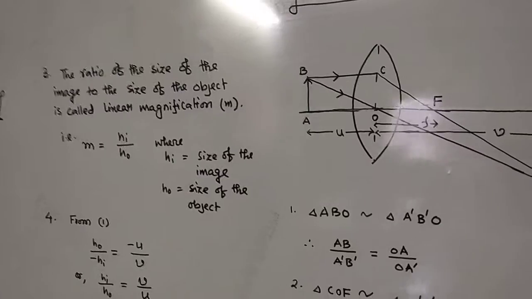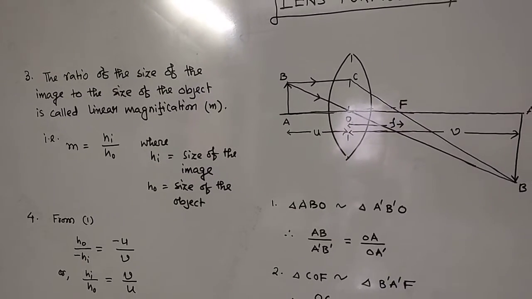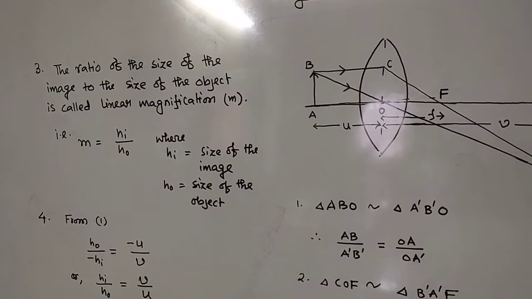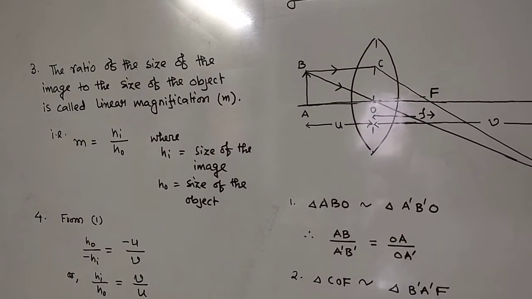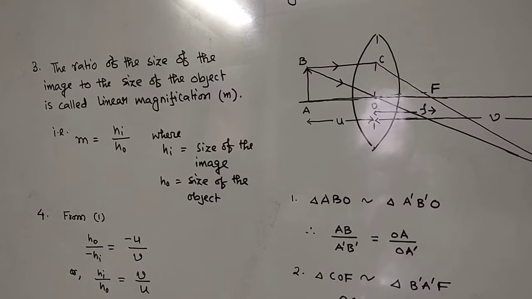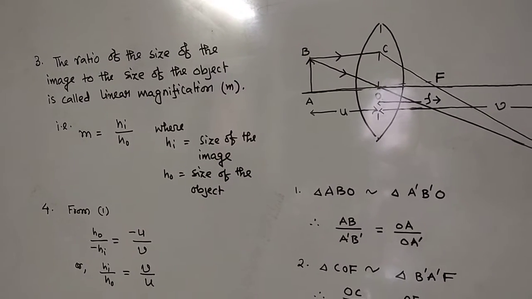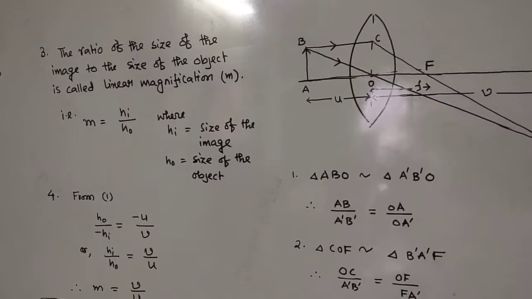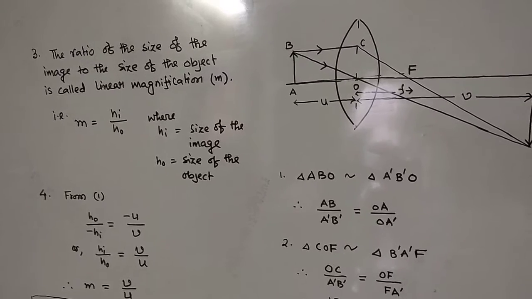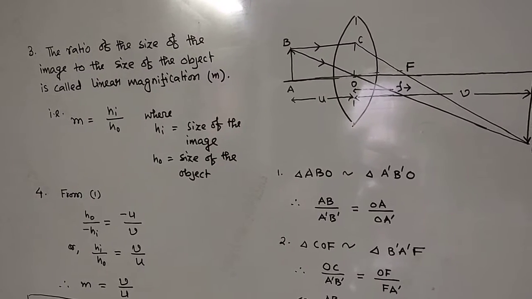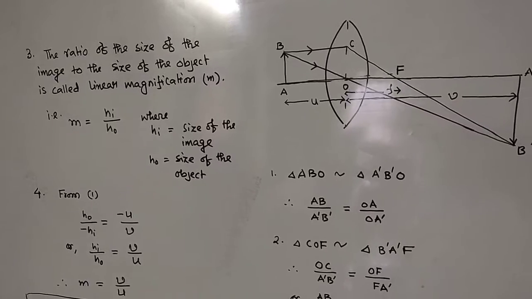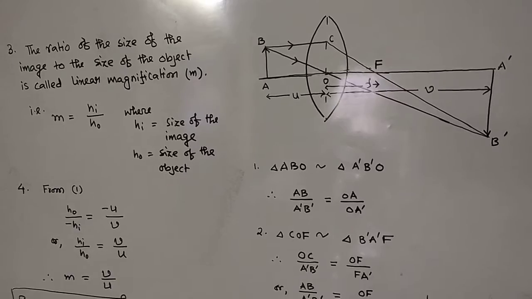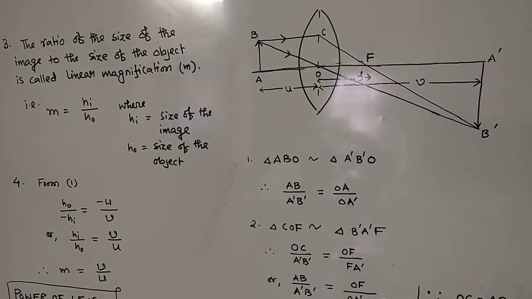Now let me define the magnification of the image. The ratio of the size of the image to the size of the object is called linear magnification. So m equals hi by ho, where hi is the size of the image and ho is the size of the object. From the figure, AB is the height of the object, that is ho, and A'B', as it is along the negative y axis, has a minus sign.